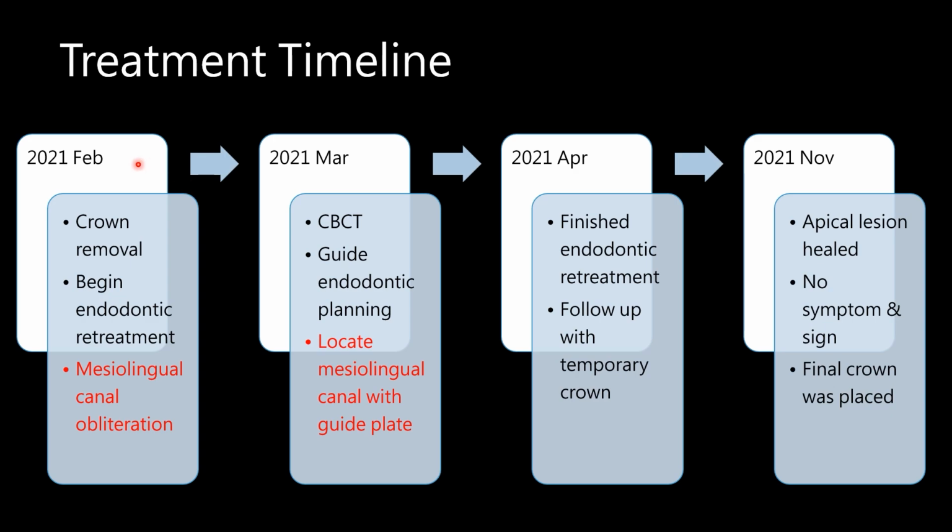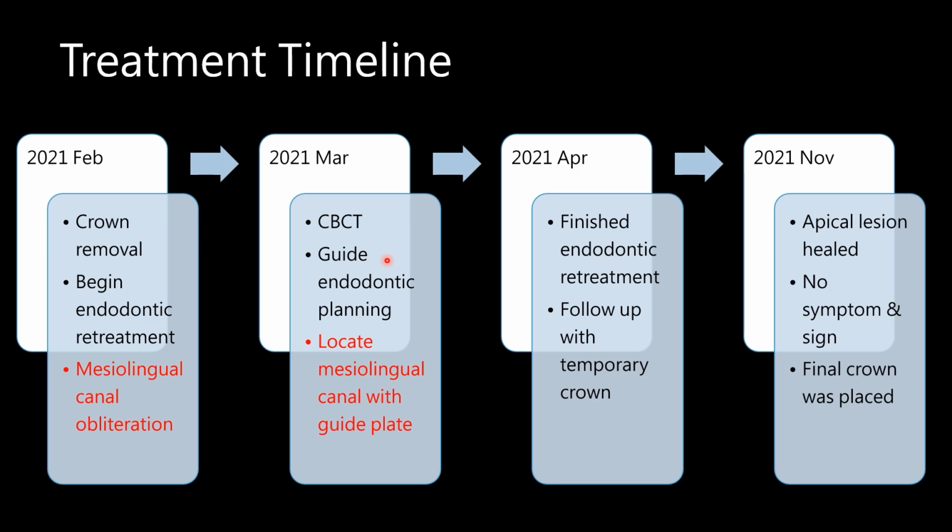In February 2021, we removed the crown first, and we began the endodontic retreatment. After we began, we located three root canals, but we were missing the mesiolingual root canal, which was obliterated. So we decided to take a CBCT for evaluation. After we saw the CBCT, we did the guided endodontic planning.